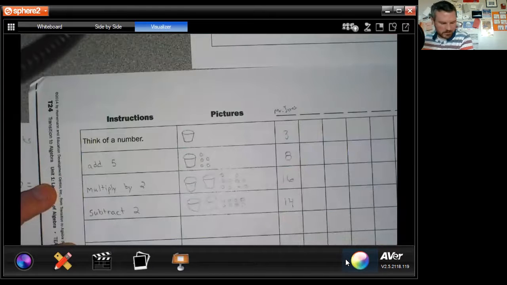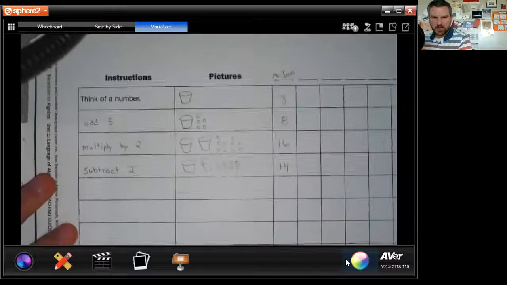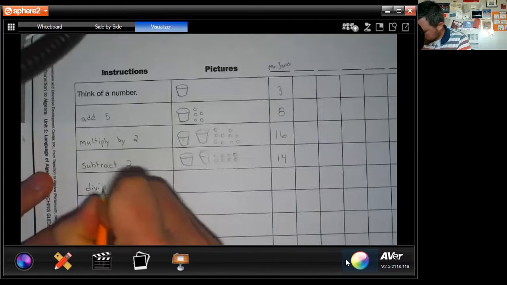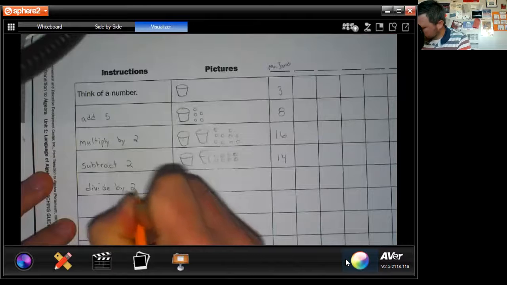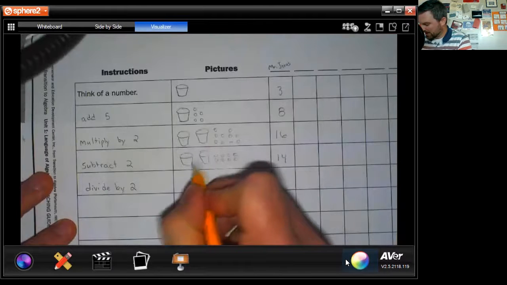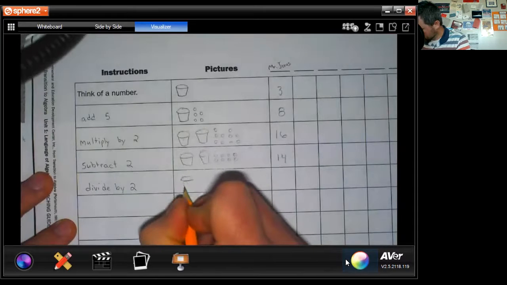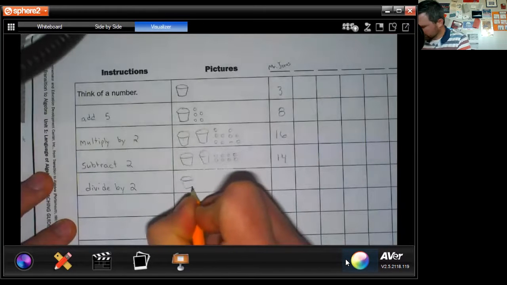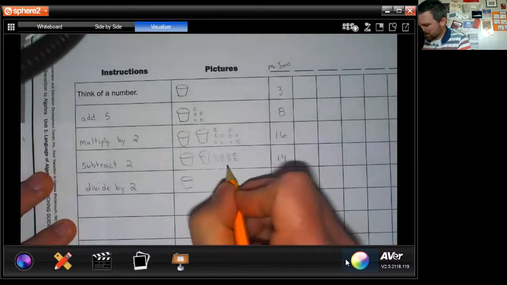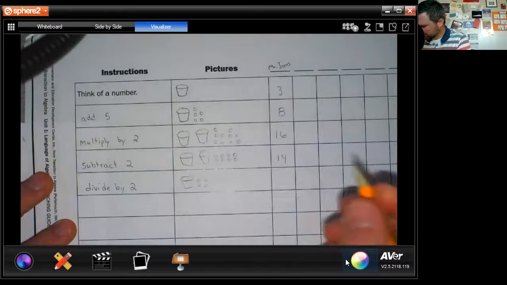Okay. The next one was divide that in half. So now, divide by 2. So now we're going to take all of this and divide it in half. So I have 2 buckets. If I divide that in half, I only have 1 bucket. Okay. And I had 8 dots here. If I divide that in half, I only have 4 dots.